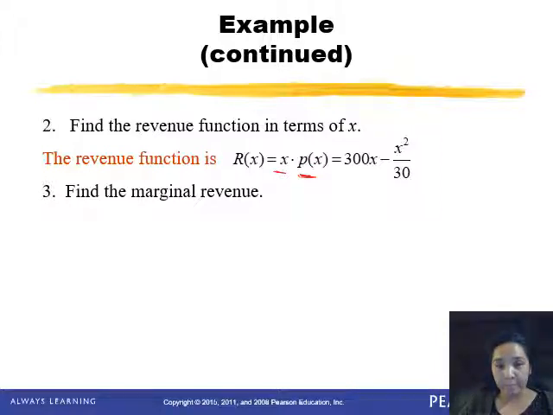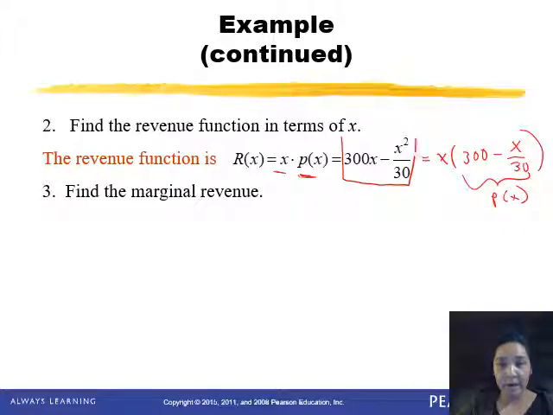And I think what this probably was before was x times (300 minus x over 30). And so this is your R of x function. Okay, and so the revenue function is found. This is the simplified version.